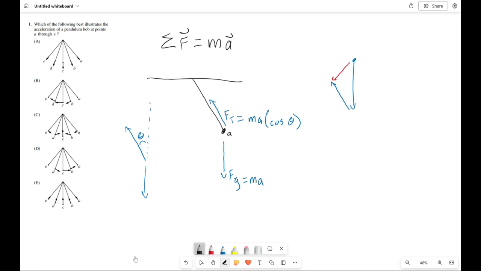Now this is of course for the bob at point A. So let's go over to our multiple choice choices and see which one has a bob pointing in this direction for point A, and we can see that that is C, and C is in fact our answer.